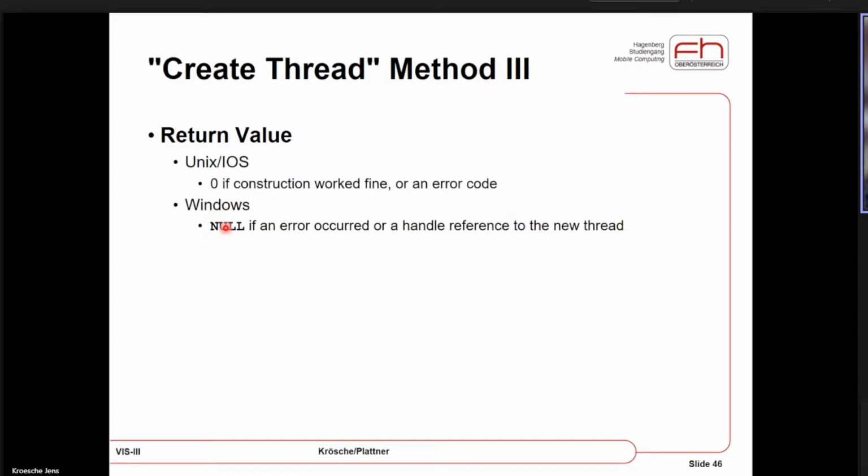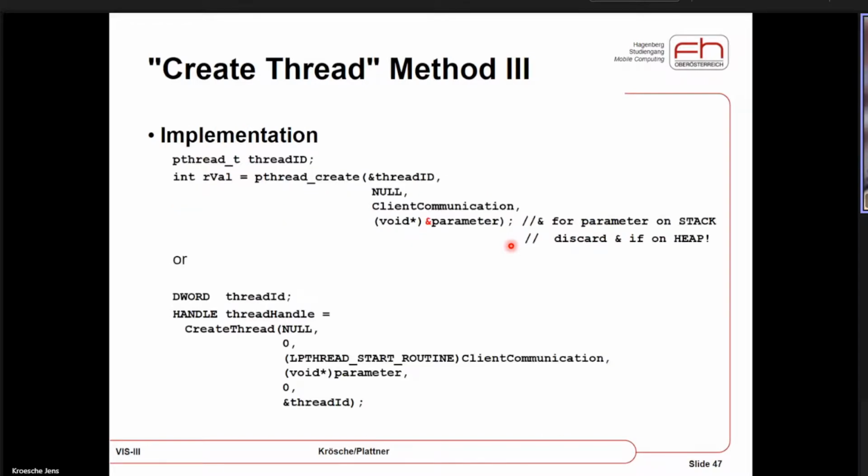And in the Windows world, null is returned, or a reference to the new thread handle is returned. So you have to decide which world you are currently working on, and then you can use that.